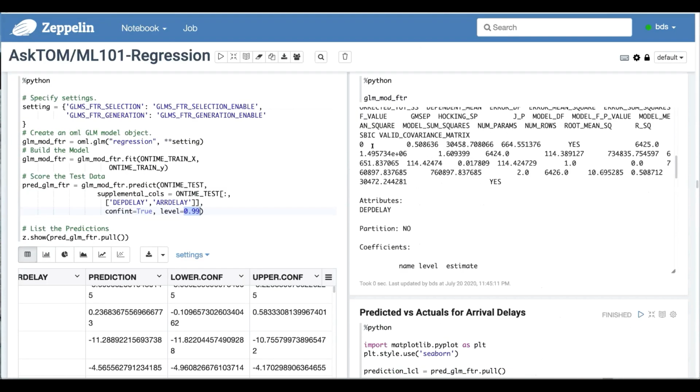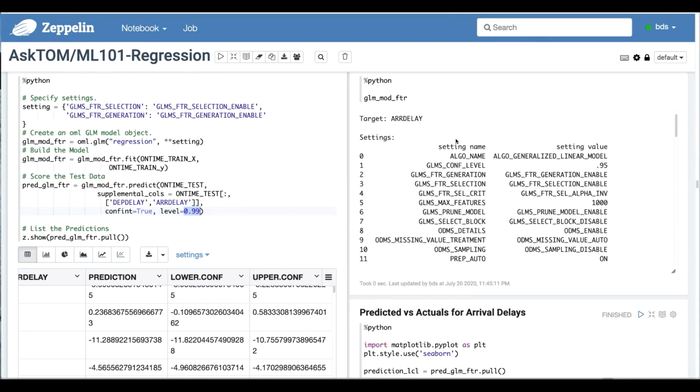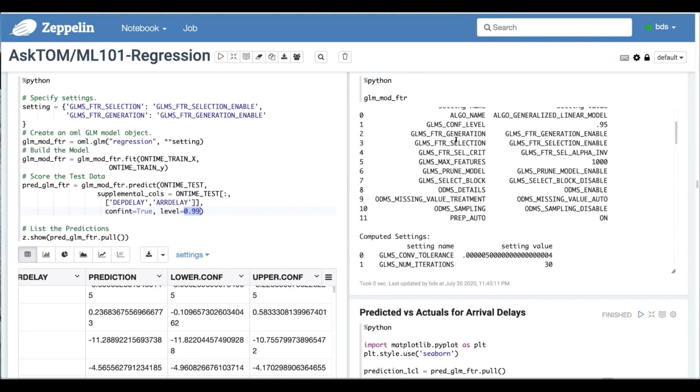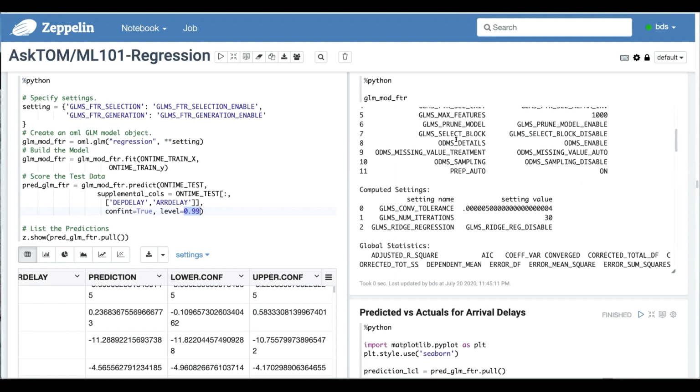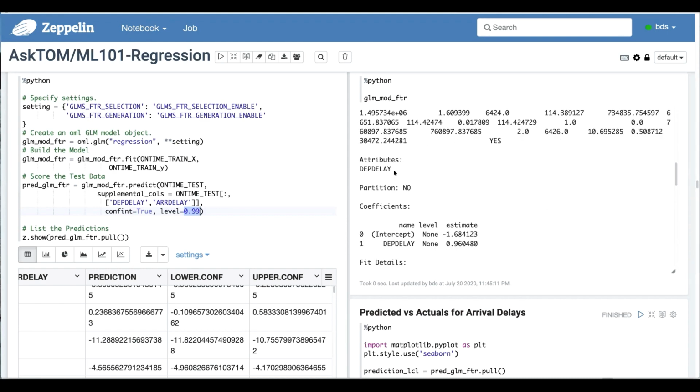Basically, what I get in the output here is that if the model thought it was useful, it will add more variables. Otherwise, it will not. So in this case, it didn't think it was useful to add the cubic or the squared term, the departure delay multiplied by itself.